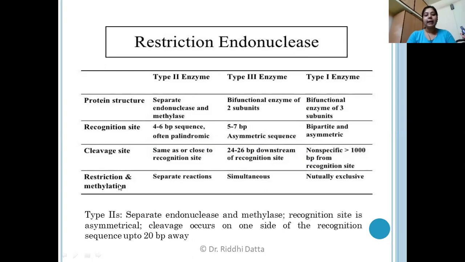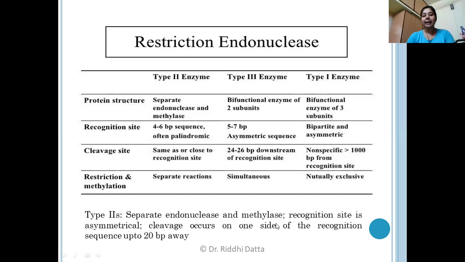Type 2 and type 2S enzymes have separate endonuclease and methylase activity. So for these enzymes, we can select the endonuclease part and leave out the methylase. But in case of type 2S enzyme, the cleavage occurs on one side of the recognition site, but away from the sequence, up to 20 base pair away from the sequence.